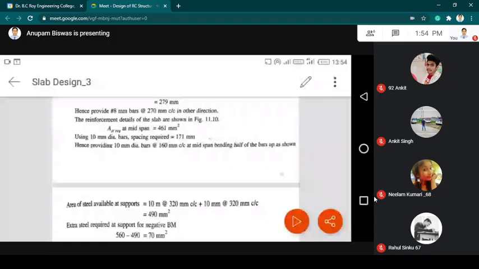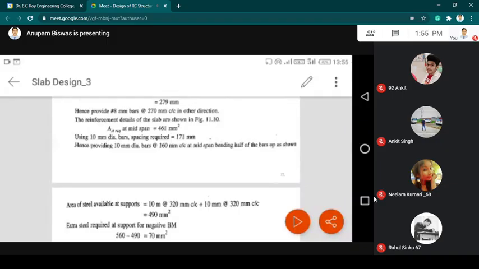So we can provide a 10 mm diameter bar with a spacing of 171, and at the midspan half of the bars are bent up.